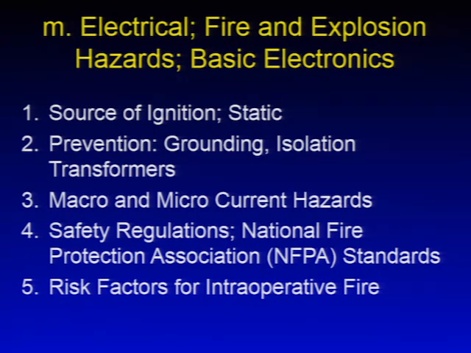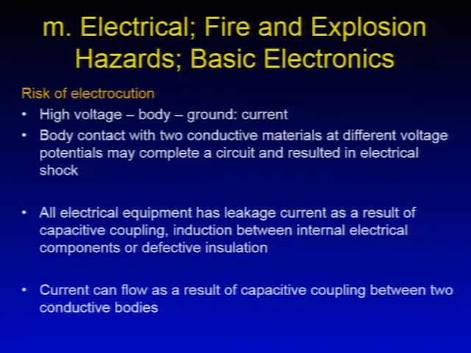So the final portion: electrical fire, explosion hazard, basic electronics. Risk of electrocution can occur if you touch the high voltage machine while your body is grounded, and then the ground current is returned to the high voltage machine. If a circuit is formed in such a way, you may have the risk of electrocution.